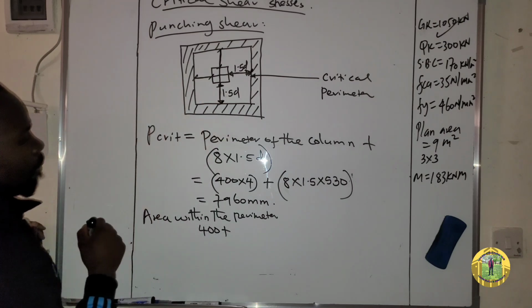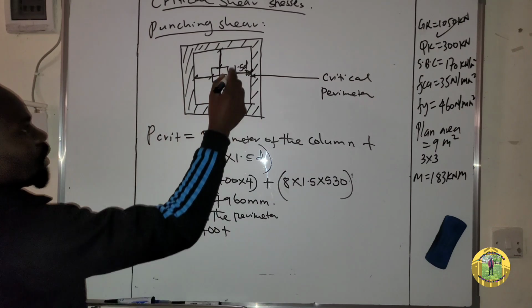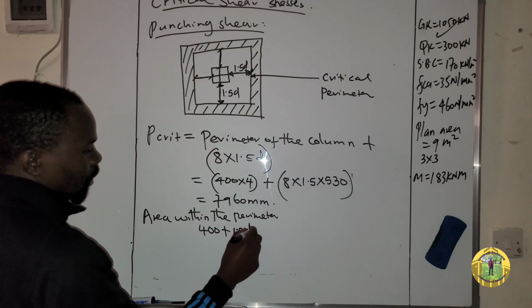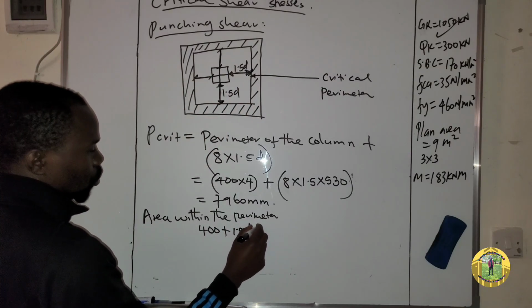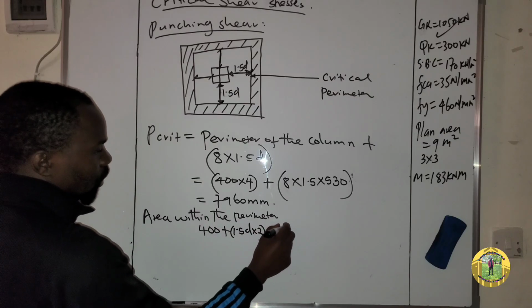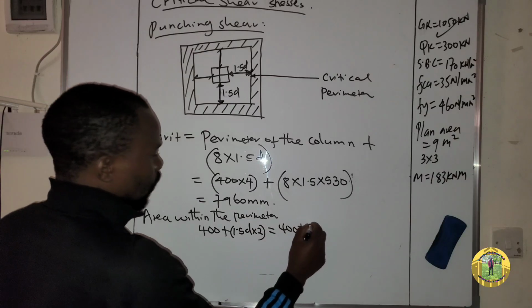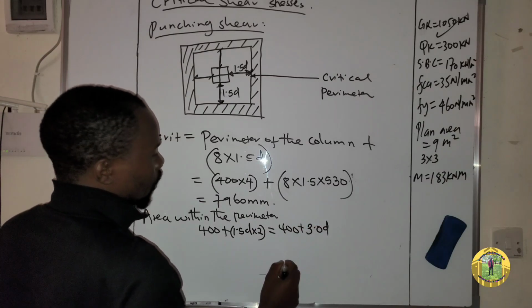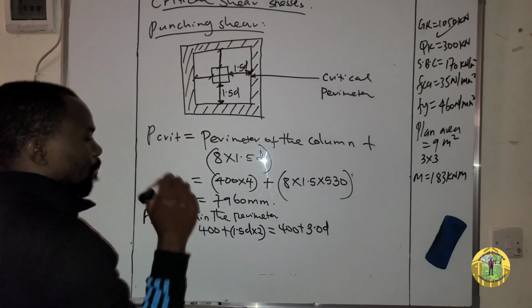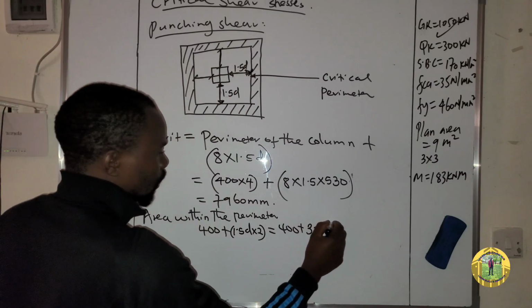So we will take 400 plus 1.5d times 2. So this one will be 400 plus 3.0d. So this is the distance from here to here.